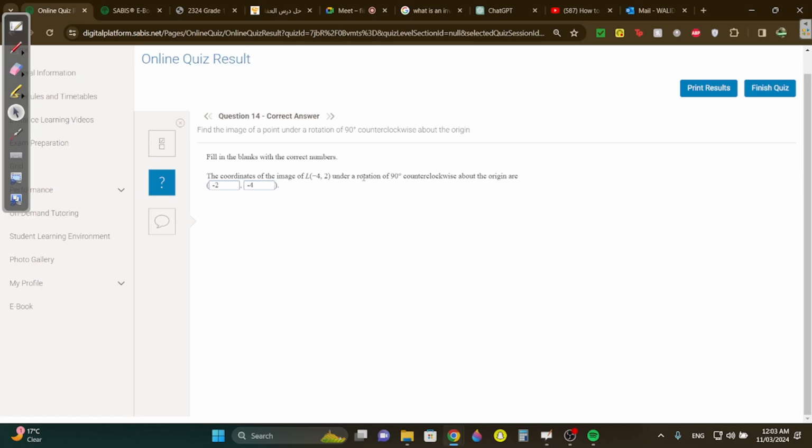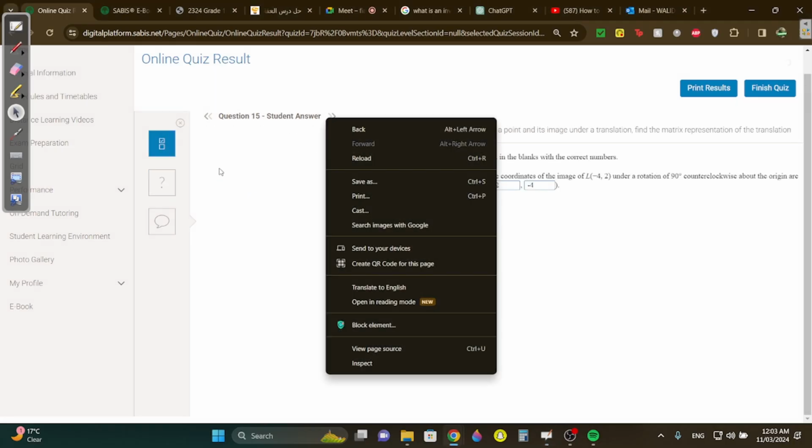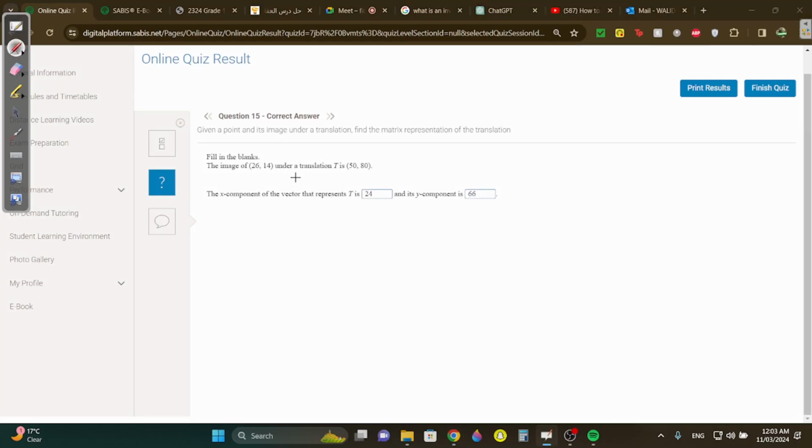Question 14, 90 degrees counterclockwise around the origin, A comma B becomes negative B comma A. So this negative 4, 2 becomes negative 2, negative 4. Question 15. Find the vector, final minus initial: 50 minus 26 and 80 minus 14. You get 24 and 66.